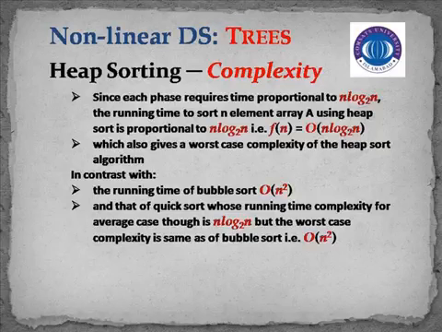The worst case complexity of the heap sort algorithm is better in contrast with the running time of bubble sort, which is big O of n square, and that of quick sort, whose running time complexity for the average case is n log n, but the worst case complexity is the same as that of bubble sort, that is big O of n square.